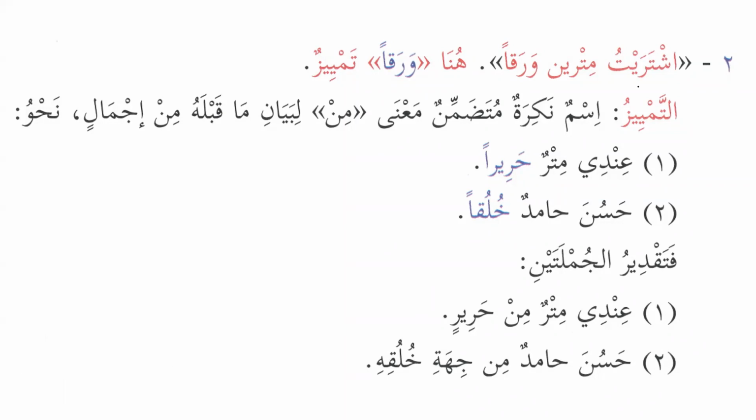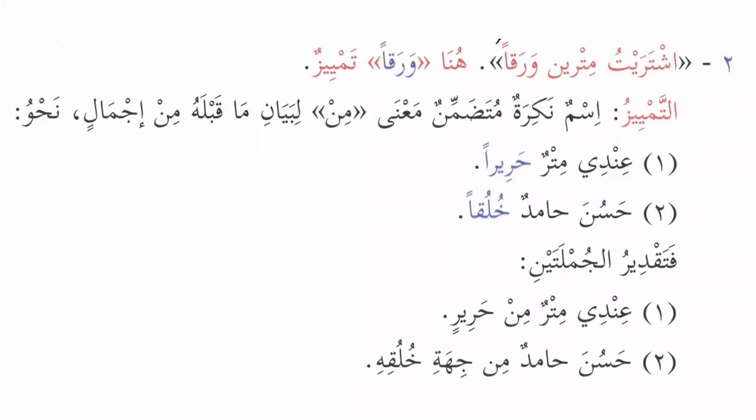Question number 2. Ishtaraytu mitraini waraqan. Huna waraqan tamyizun. So as we know, in this lesson we have learned about tamyiz, and we know that it's an indefinite noun and generally it is mansub.